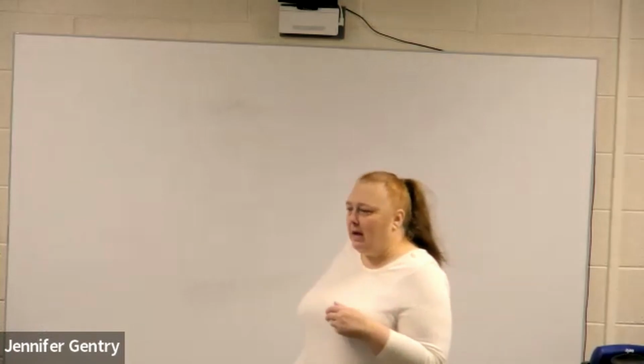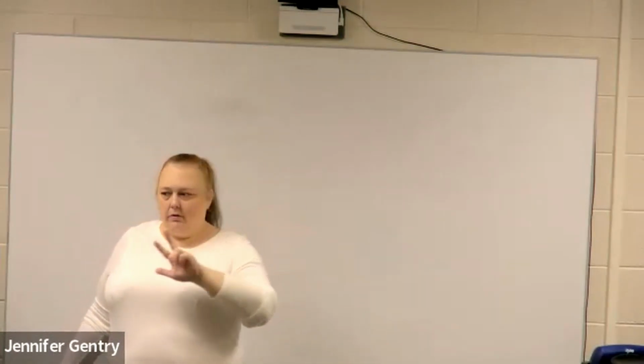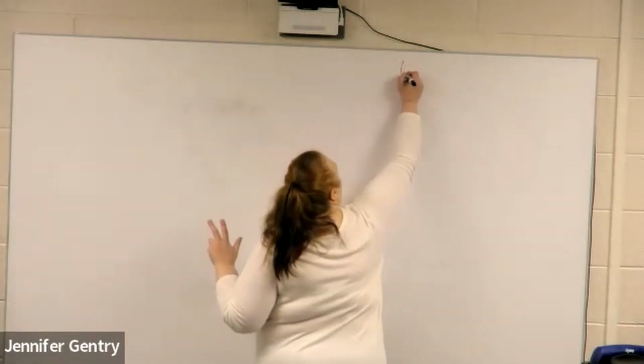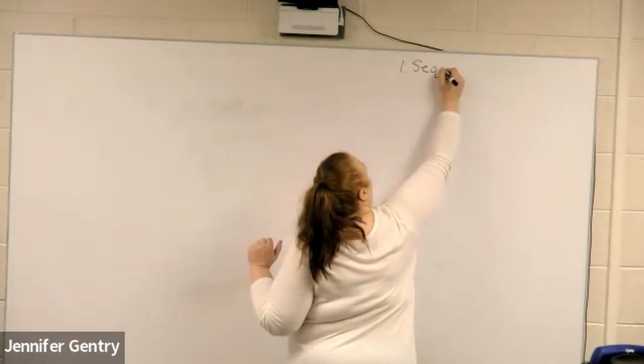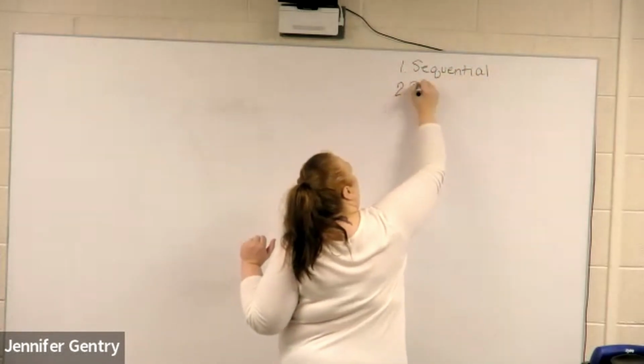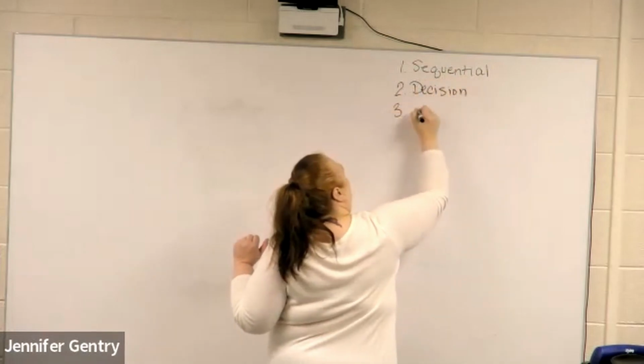Okay? Control structures. Remember, in order to do something, how many are there? 3. Thank you. Number 1, I can go in sequence. Number 2, I can make a decision. And number 3, I can repeat.